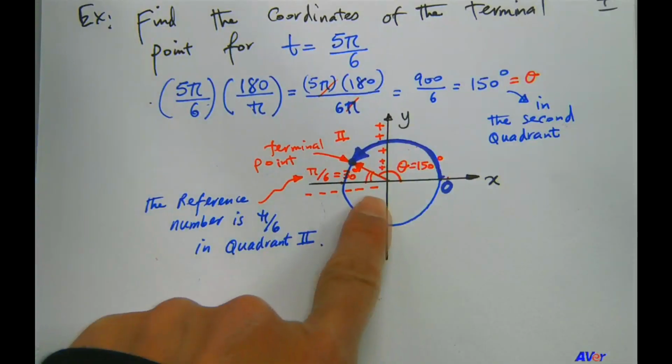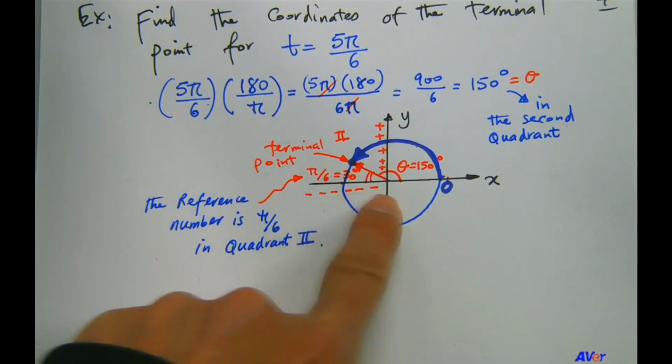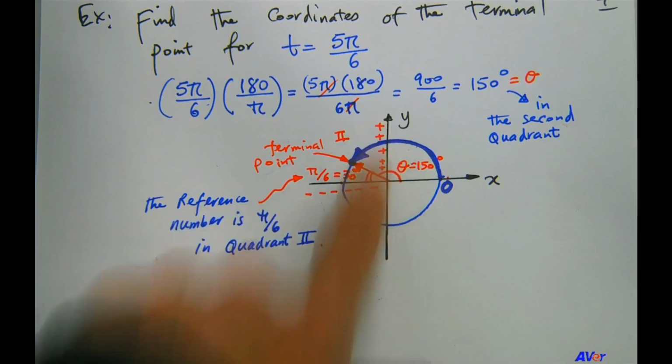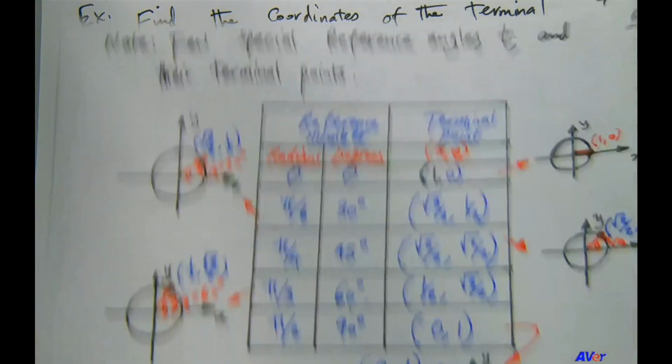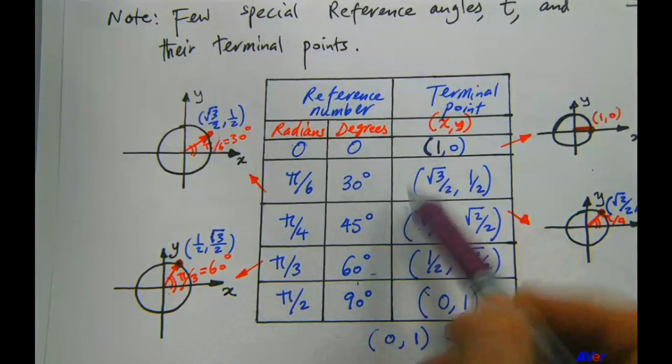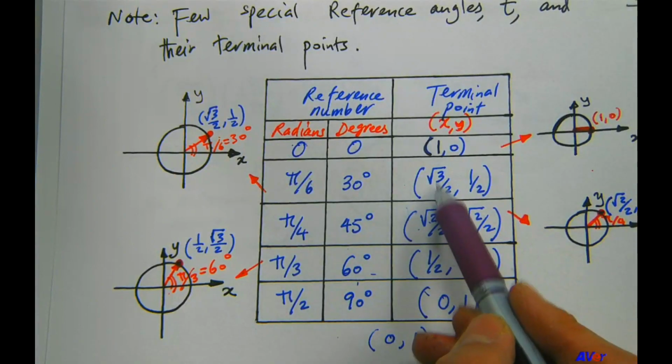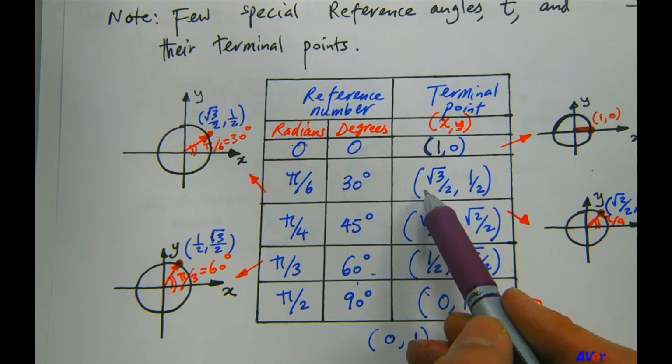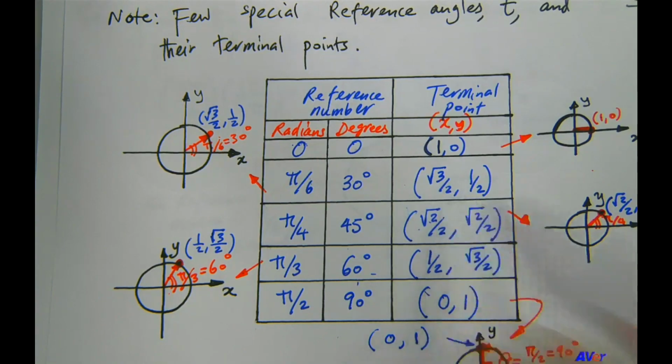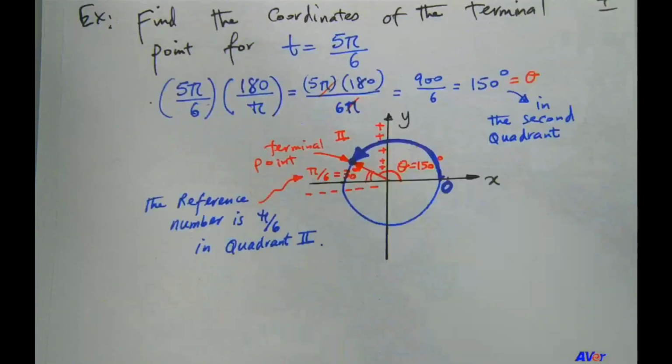So in the second quadrant, we know that the x values are negative, the y values are positive. So if x values are negative, then instead of positive square root of 3 over 2, this would have to be negative square root of 3 over 2, comma, positive 1 over 2.